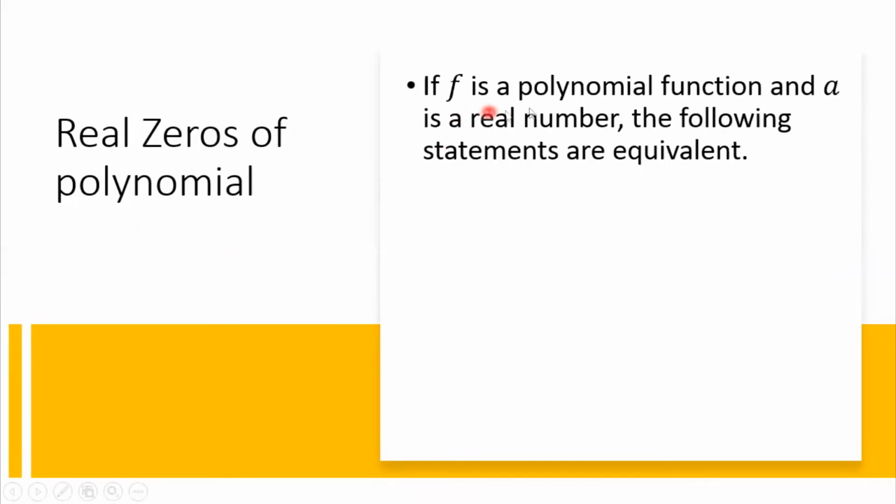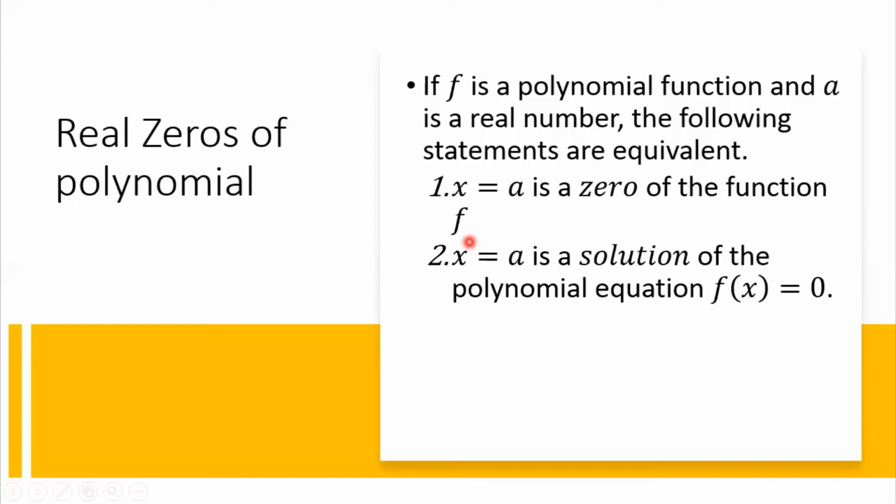If f is a polynomial function and a is a real number, the following statements are equivalent. If we have x is equal to a, then x is equal to a is a zero of the function f. This is also equivalent to saying that x is equal to a is the solution of the polynomial equation f of x is equal to 0.